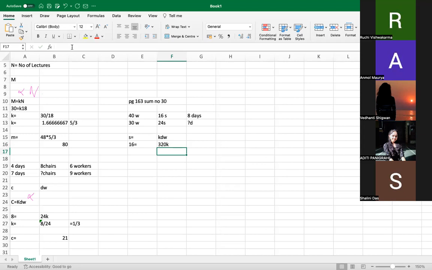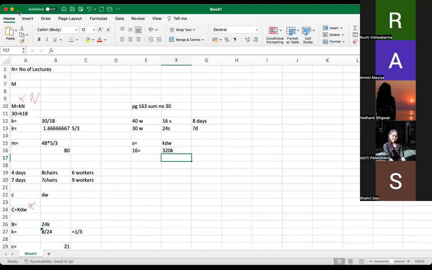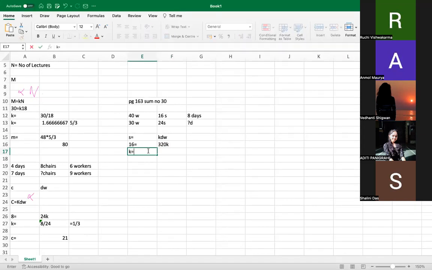Any doubts? No, ma'am. So K is equal to 16 by 320, 0.05.